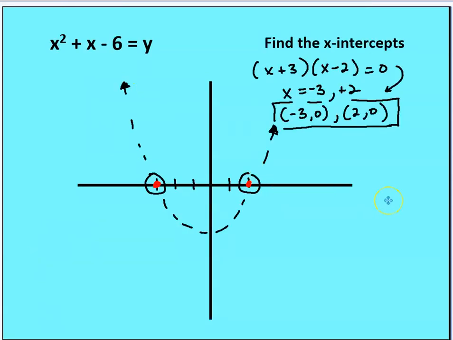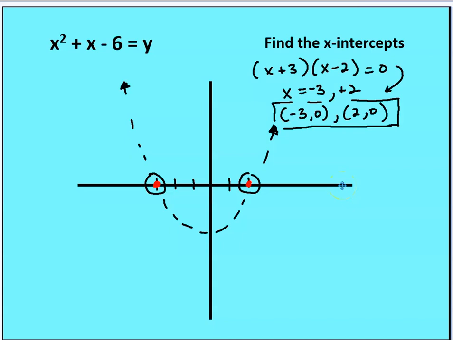The question here is: find the x-intercepts of y is equal to x squared plus x minus 6. I'm going to factor first, then find the values of x that make this statement true, setting y equal to 0, because y is 0 at the x-axis. Y is more than 0 here and less than 0 here, and y is 0 here, so we want to find out where y is 0.